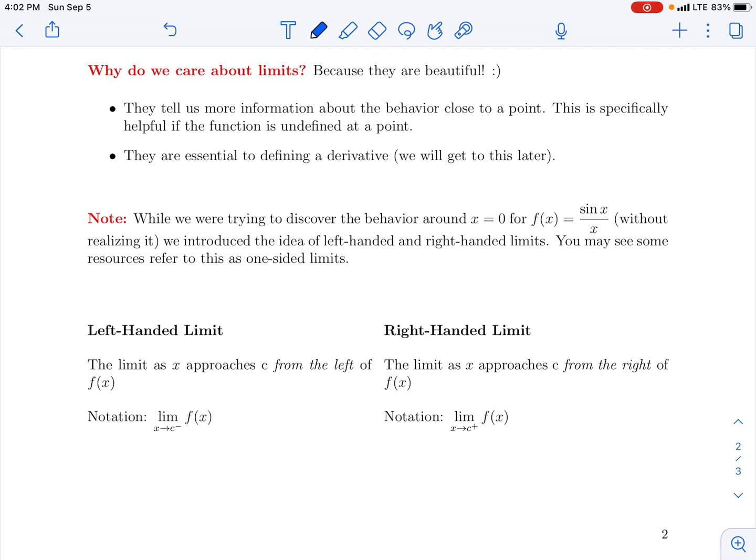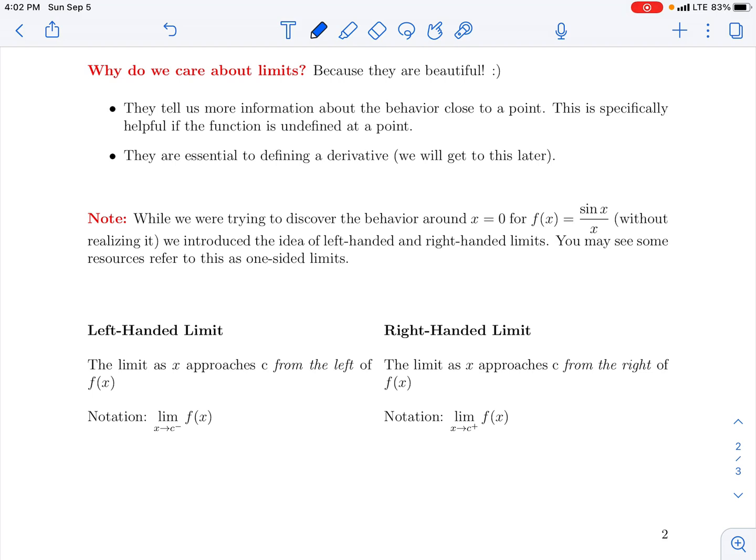But what the limit allows us to say is we can find what's happening around x equals 0. We can say that the limit as x approaches 0 of that function is equal to 1, and so we can get a better idea of what's going on around that value, even though we couldn't plug it into the function and get a value.